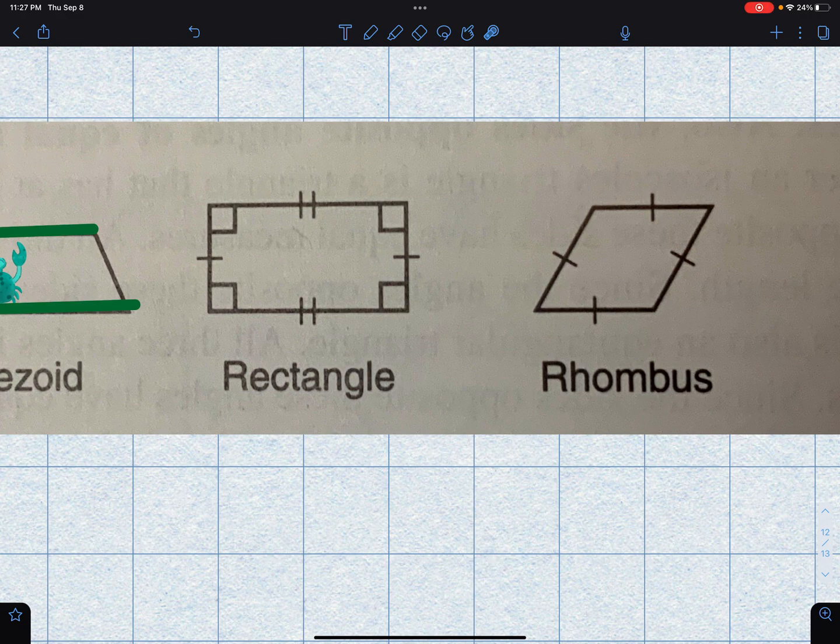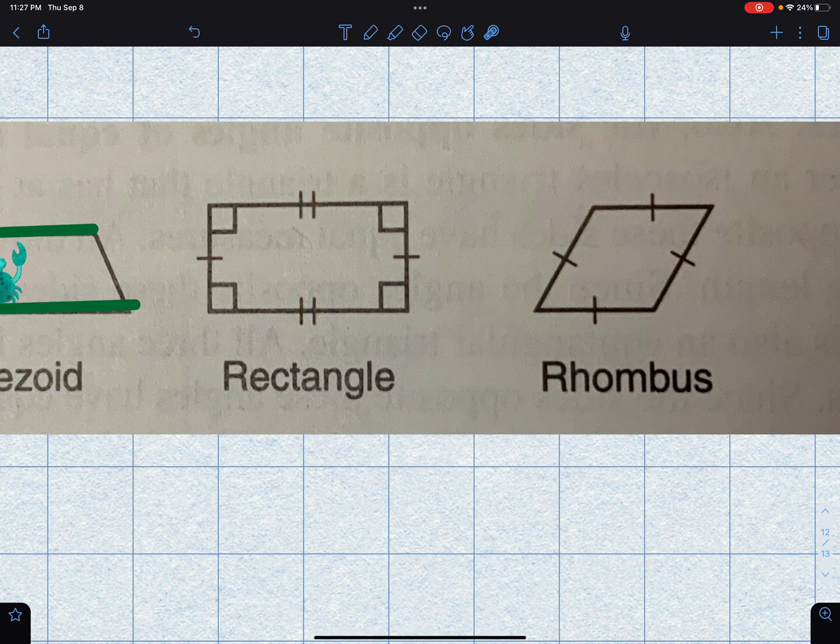Alrighty. Let's look at a rectangle. A rectangle is a super special parallelogram because it has 4 right angles. 1, 2, 3, 4. It's a stretched out square. It has 4 right angles, but it's not a square because all the sides are not the same.